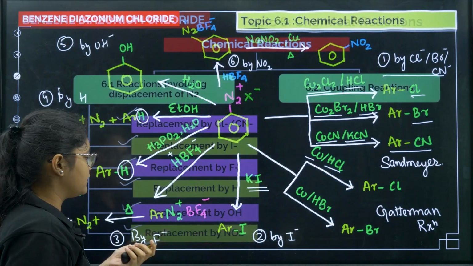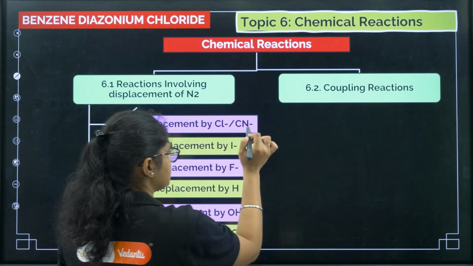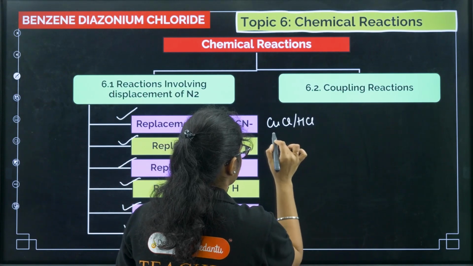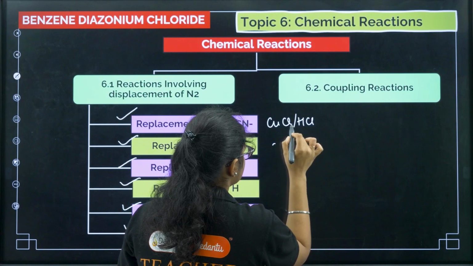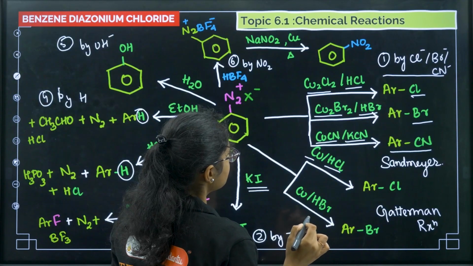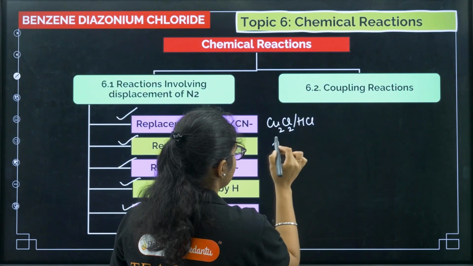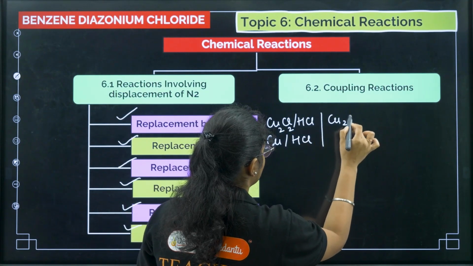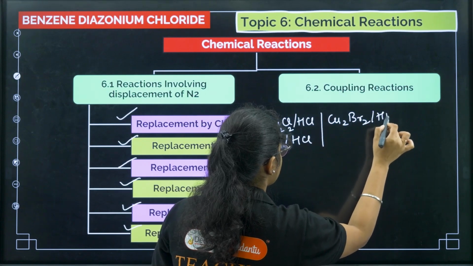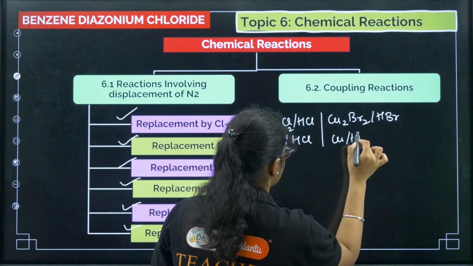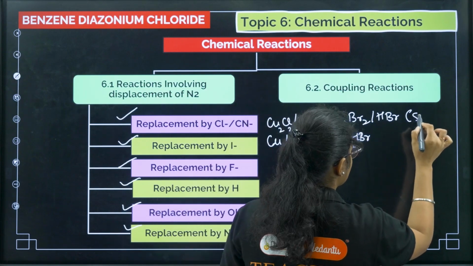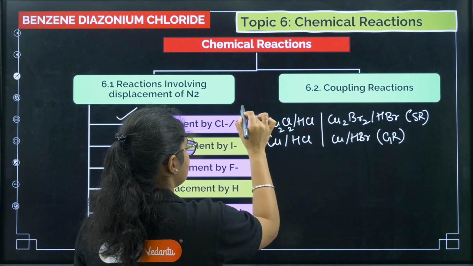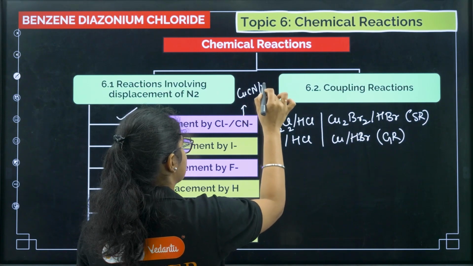Now let us revise. For replacement of Cl minus you have two options, Cu2Cl2 and HCl, or you can use Cu and HCl for chlorination. For bromination, Cu2Br2 and HBr, or Cu and HBr. The first is called the Sandmeyer reaction and this is your Gattermann reaction. For CN minus you can use CuCN and KCN.